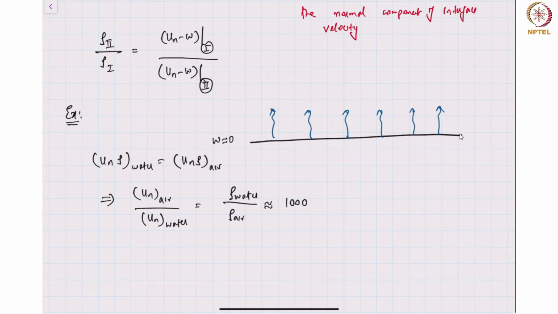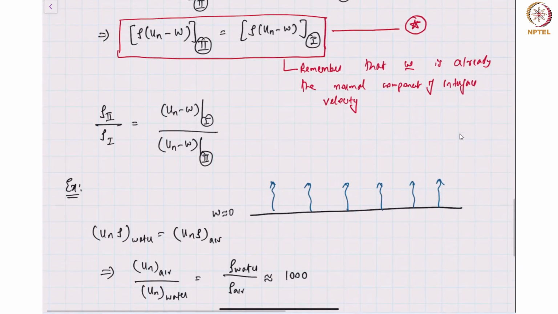So it says that when evaporation occurs, the water vapor travels at a speed of close to 1000 times more than the speed at which water is getting carried to the interface, because the densities of the two media are so different.